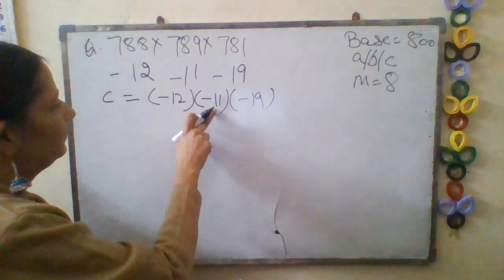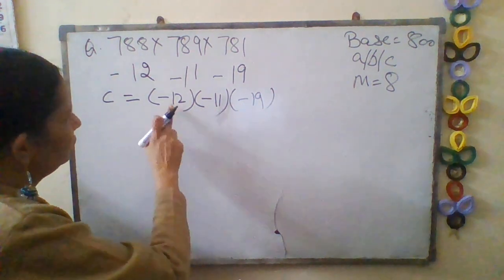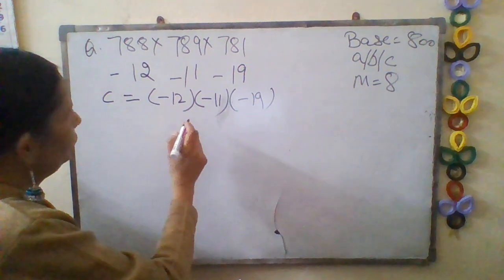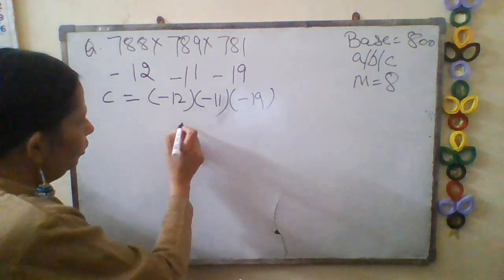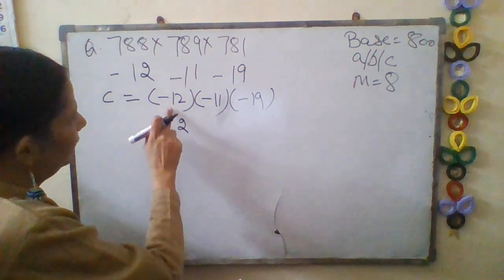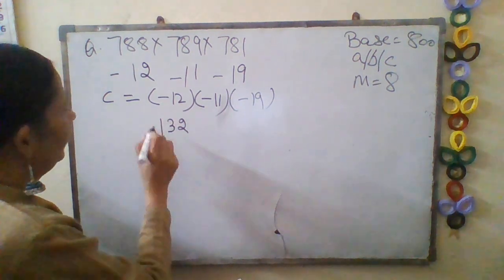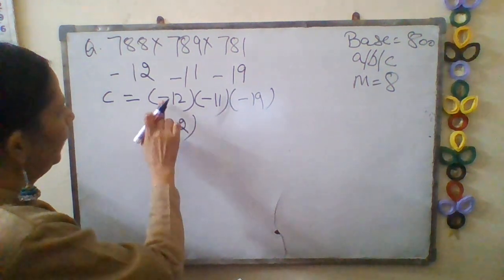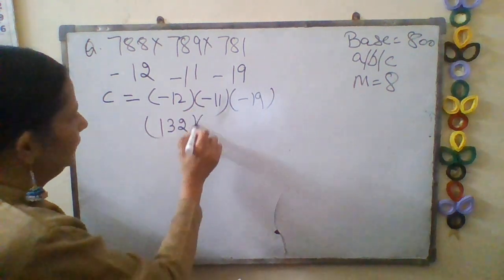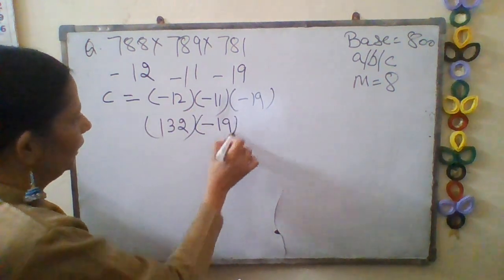Now I have discussed with you the multiplication trick of 11. 12 into 11. See, 2 you will write down here. Then 1 plus 2 is 3, then 1 you will write down here. Okay, and minus into minus is plus, then you will write down here minus 19.